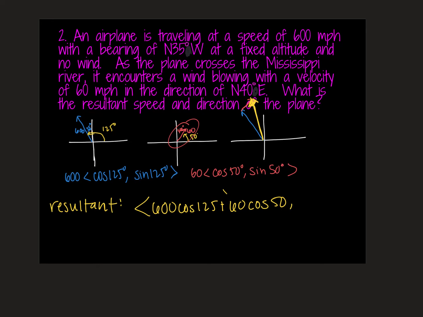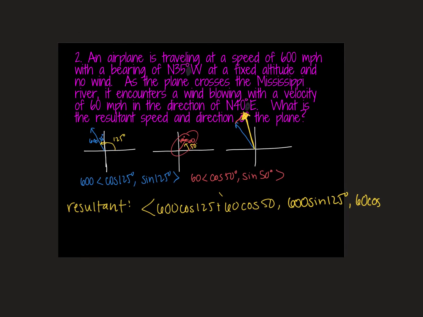And then my vertical is 600 sine of 125 plus 60 sine of 50.